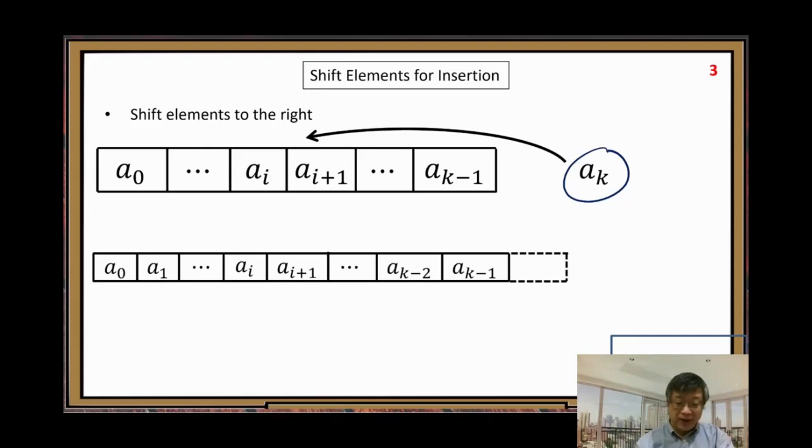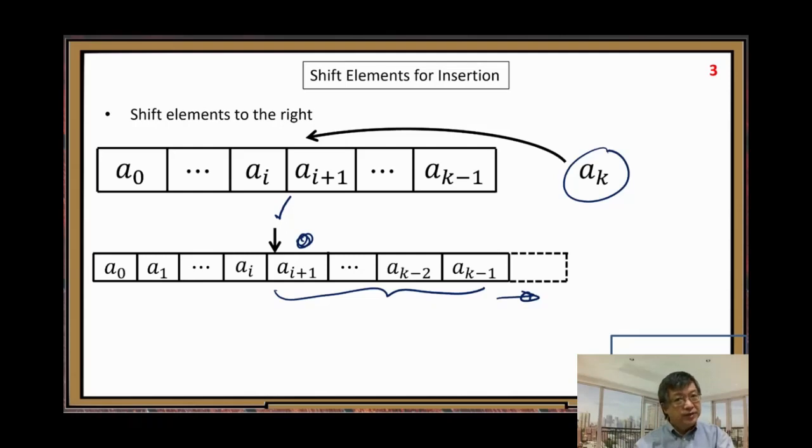Implementation detail. First, let's assume the right location is here. But we need to move all these elements one position to the right to leave this location for the new element.